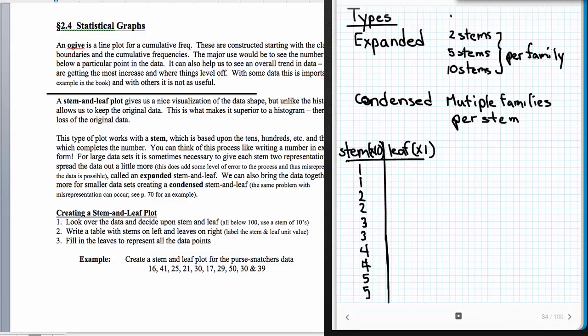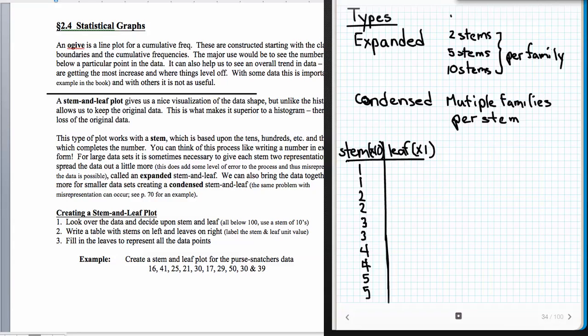So we may have a 10 and a 20, and then a 30 and 40s, and then 50s and 60s, and so on and so forth. This is where we may have data that's spread over a long range, but have a small amount of data. That's when we use a condensed stem and leaf.